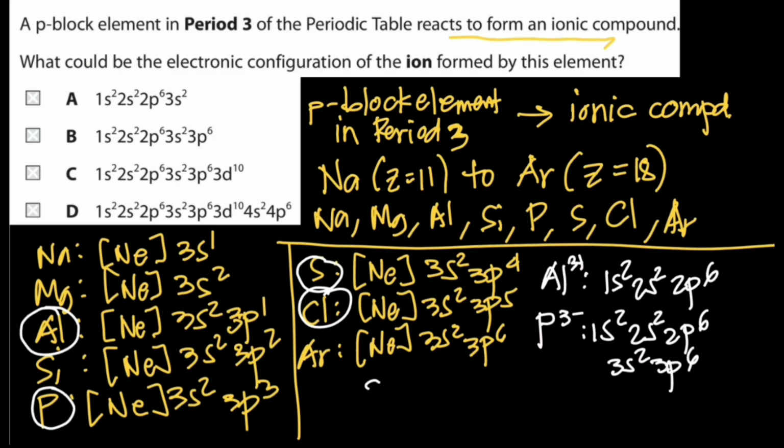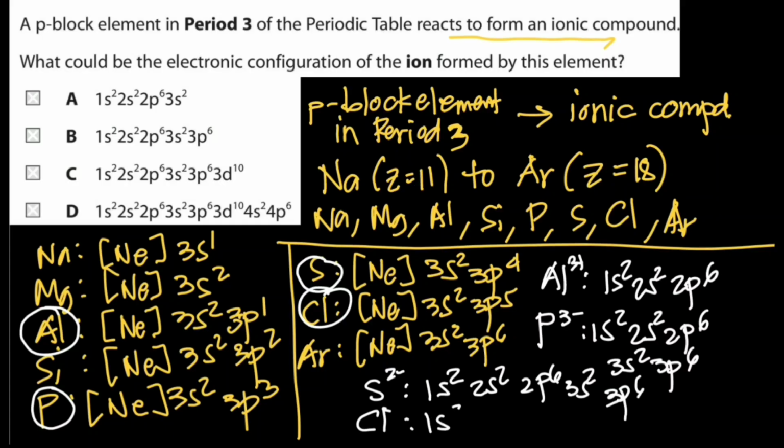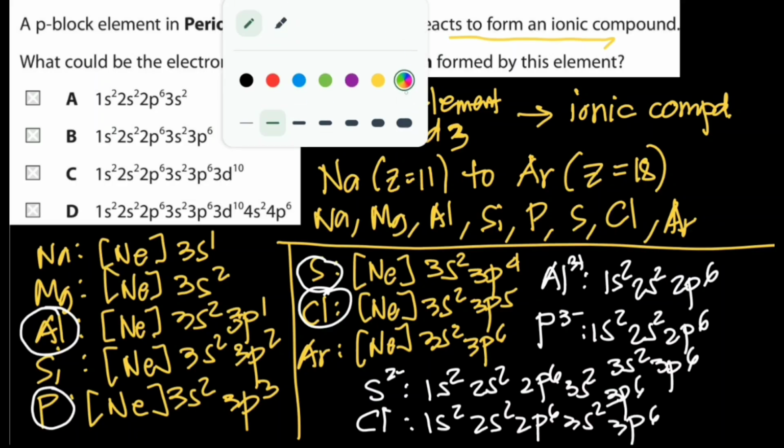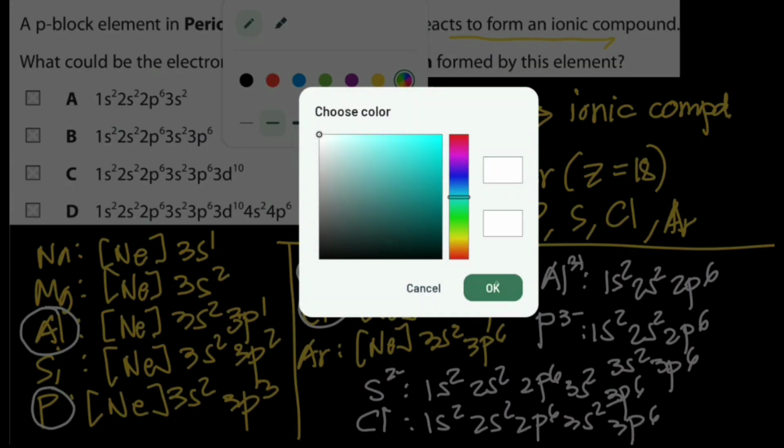For sulfur or sulfide, this is 1s2, 2s2, 2p6, 3s2, 3p6. And for chloride, this is 1s2, 2s2, 2p6, 3s2, 3p6.